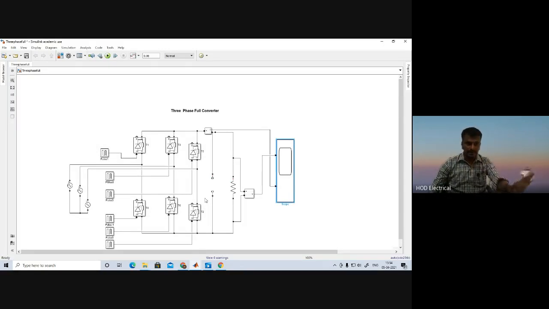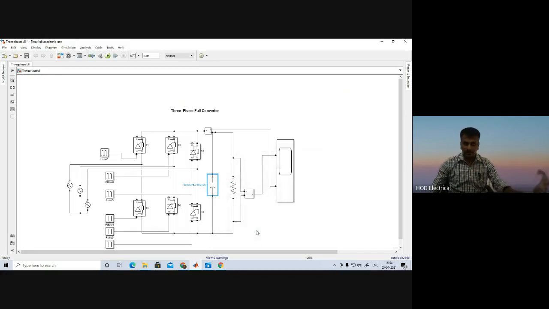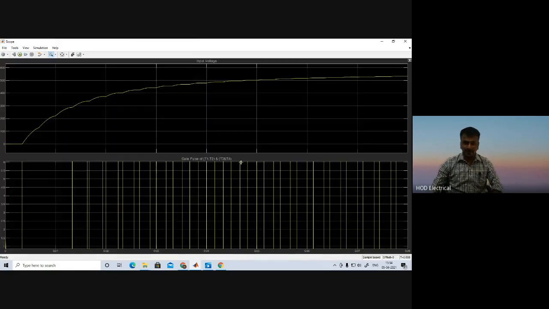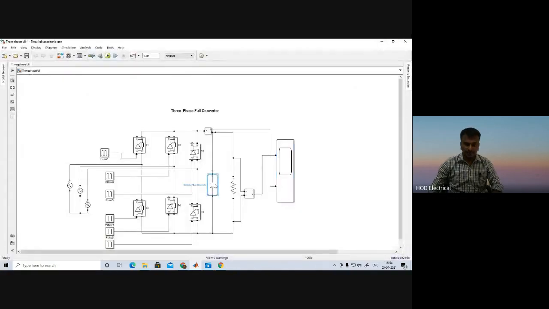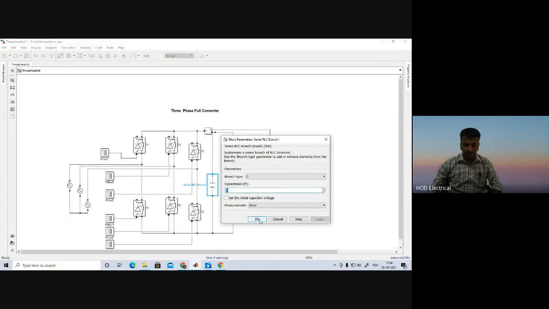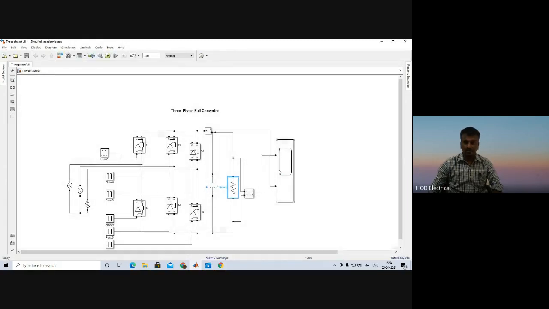In the other case, if you connect a capacitor and make it 5 farad instead of 1 e power minus 6, and run the simulation, we can check the output voltage.